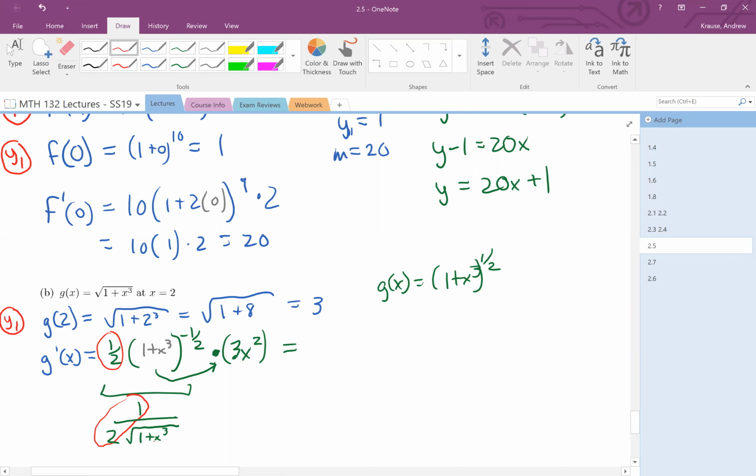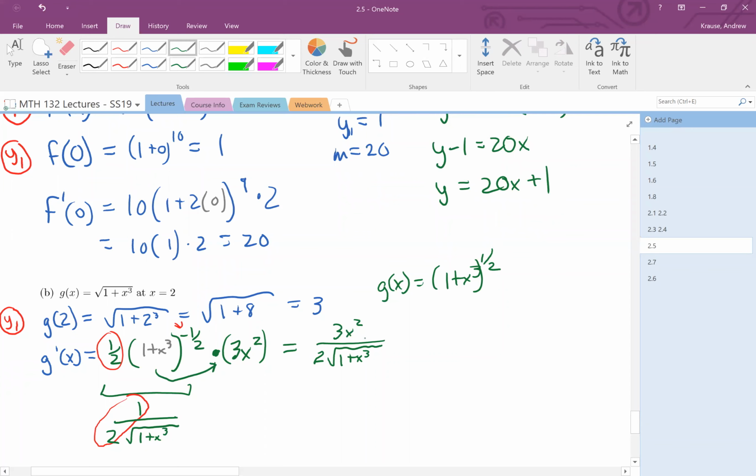And then I get the square root in the denominator, because I have this negative power there. So that moves it to the denominator. And that just makes it a little bit more clean, because then when I'm multiplying that by 3x squared, I have 3x squared over 2 times the square root of 1 plus x cubed.